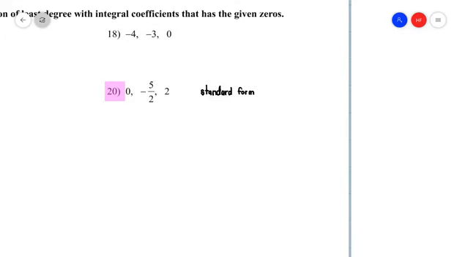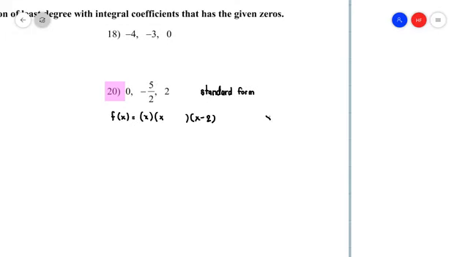So on number 20, our function would equal, from 0 we just get an x. From -5/2, I'm going to have to find that one. And +2, I'll take the opposite for the factor, and x minus 2.